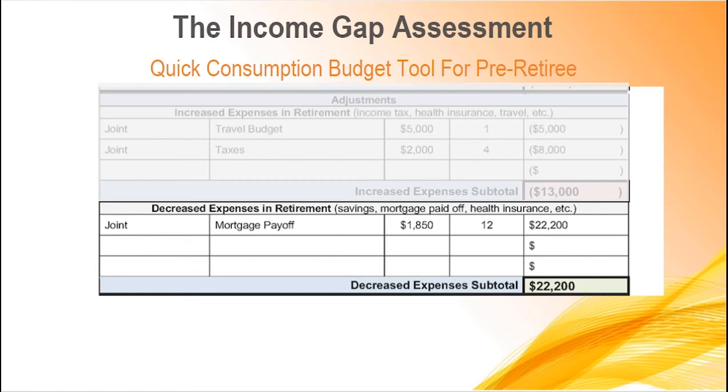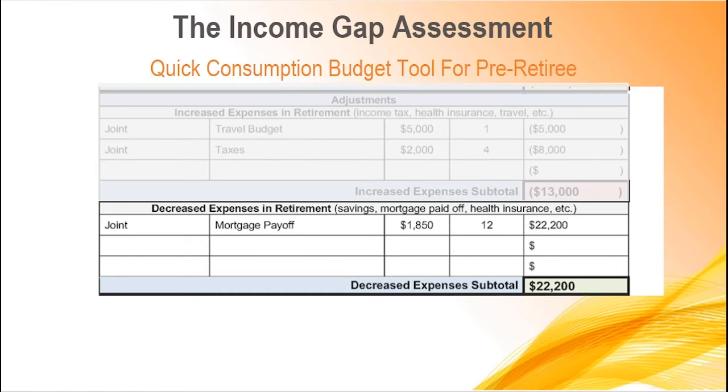Other major decreased expenses that we see are the mortgage payoff, or in some cases, health insurance. In some cases, the employee was paying a pretty good chunk of money out of pocket for health insurance while they were working, but once they're eligible for Medicare, their health insurance expenses actually go down. And so you can factor those adjustments in here.